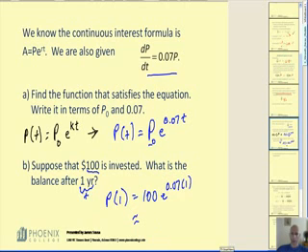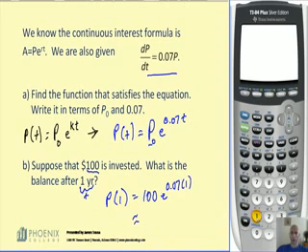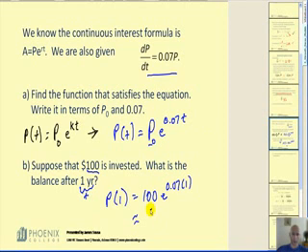Let's go ahead and calculate this. 100, if we hit second natural log, it'll bring up e, and we can just type in our exponent. Times 1 is not needed, but I'll put it in there. And it looks like we have $107.25.